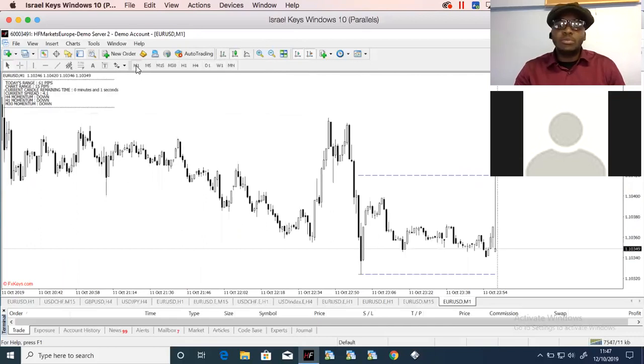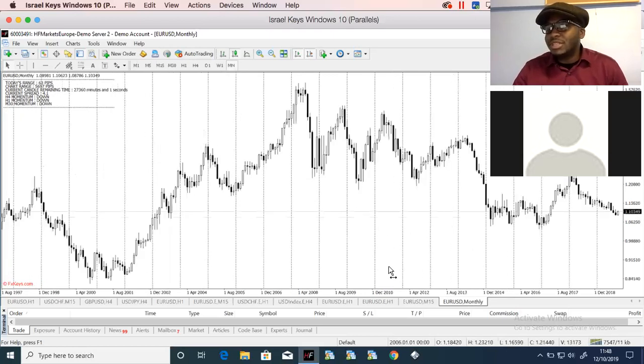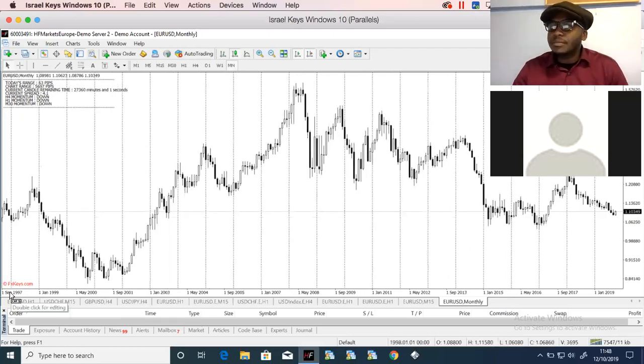And literally all that it is doing is representing the same flow of price action. We call this price action for the newcomers. It shows the movement of the price of a currency pair in a different time frame. So obviously, if you're looking at a monthly time frame here, we can look all the way back to 1997.